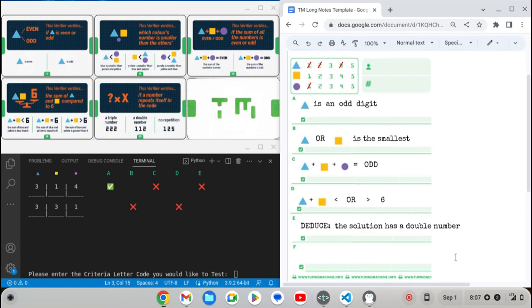So let's start typing some of these out. It looks like 3, 1, 3, square being the smallest, is a possible solution. So 313 works, they're all odd.